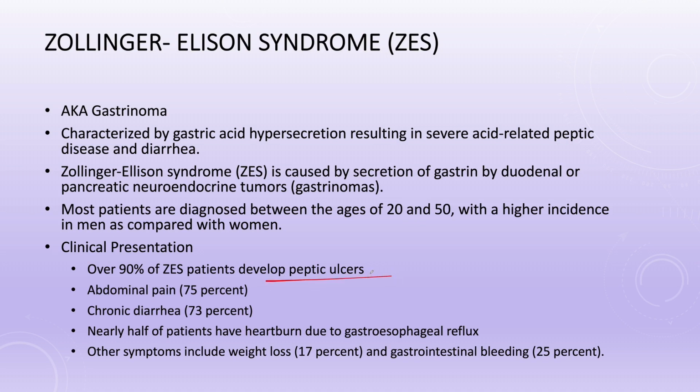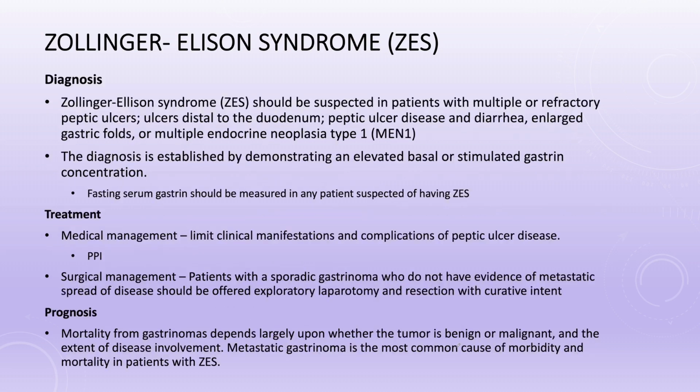So that's what you're looking for in a vignette: a patient has had multiple episodes of GERD or peptic ulcer disease that does not get better with any treatment. They also get some abdominal pain, chronic diarrhea, heartburn, weight loss, and GI bleeding. You should suspect it in patients that have multiple or refractory duodenal ulcers or ulcers distal to the duodenum.